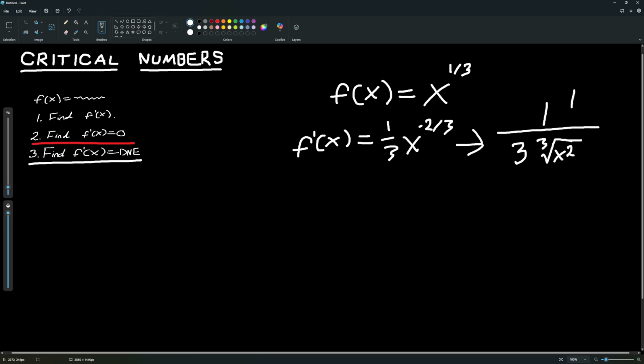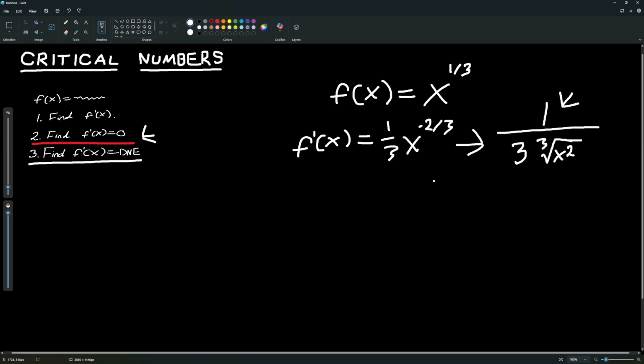Now, you may notice that the numerator is just 1. There's no x value. So we don't have to worry about step 2 then, because if the numerator is just 1, then there's no point where f prime of x equals 0. So we don't have to worry about that part. We only have to worry about this bottom portion.